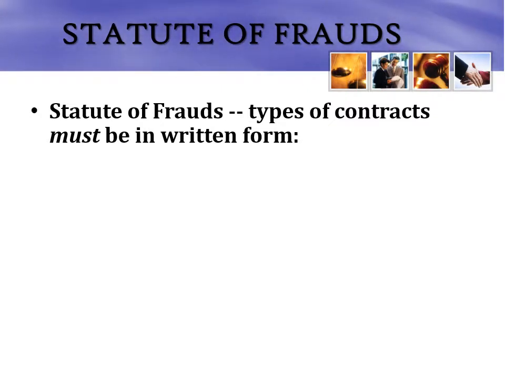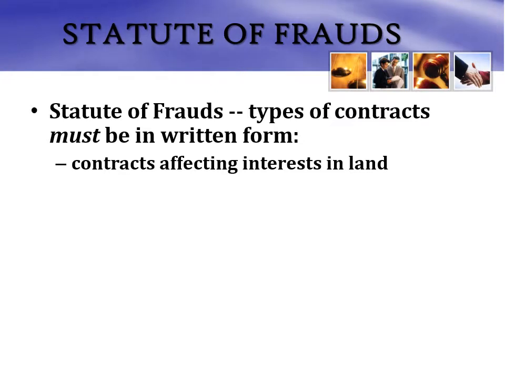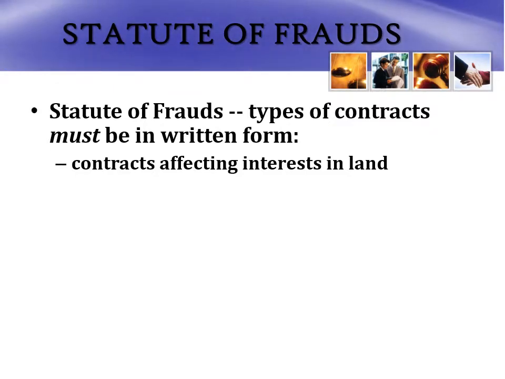So those of you who want to get into business law, contract law, do business, whatever, you're going to become one with the Statute of Frauds and the Uniform Commercial Code. Basically, it lays out types of contracts that must be in writing to be enforceable. You cannot have oral contracts in these areas that I'm about to get into.